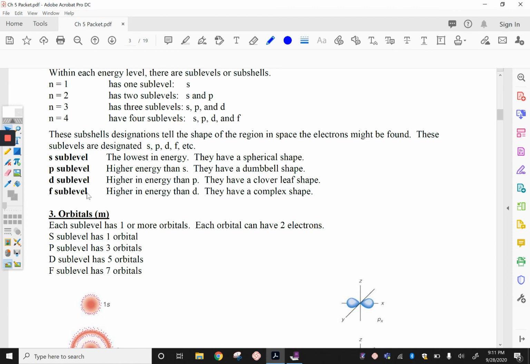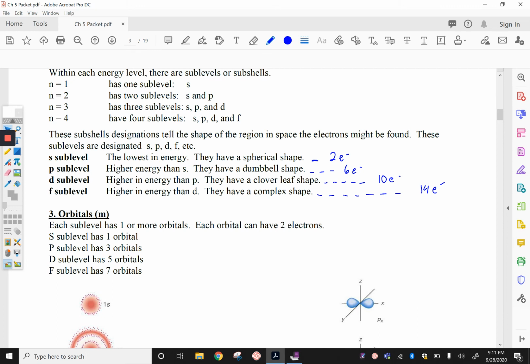Remember, we said that the s has 1 orbital, so you can take up to 2 electrons. The p has 3 orbitals, so it takes up to 6 electrons total. The d has 5 different orbitals, and so each of these orbitals, remember, takes 2 electrons, so we can fit up to 10 electrons. The f has 7, and so you can take up to 14 electrons.